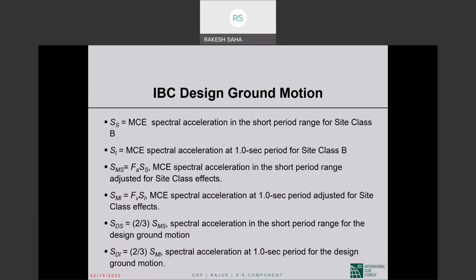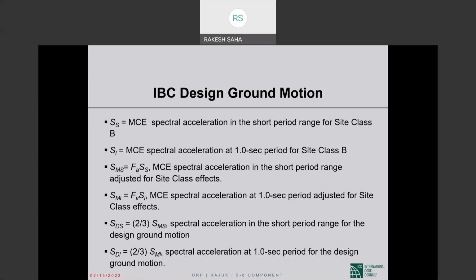So, IBC design ground motion. The quantities that are mapped are the short period and the long period spectral accelerations corresponding to the maximum considered earthquake on site class B as defined in ASCE 7 and the IBC. Site class B is soft rock, California rock that is not geologically very old.